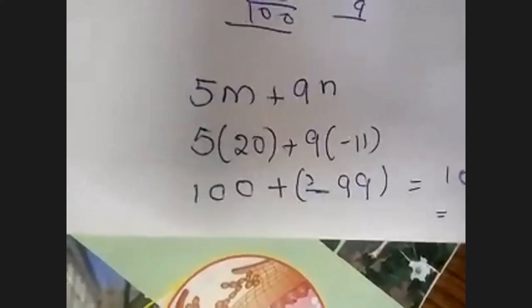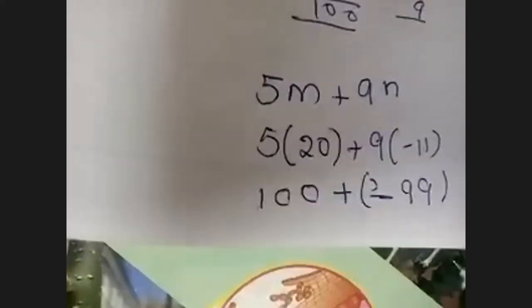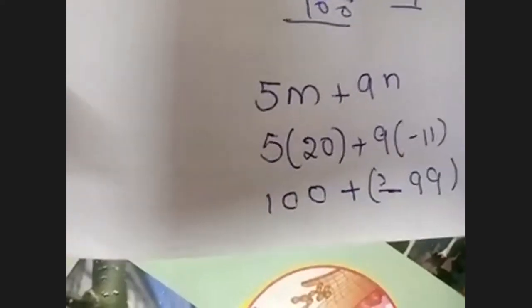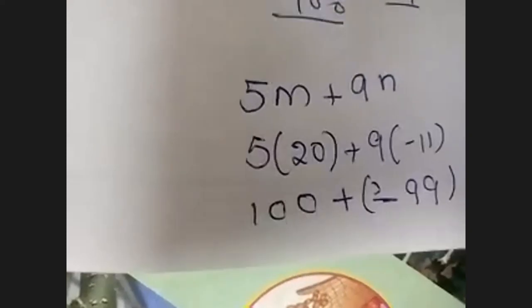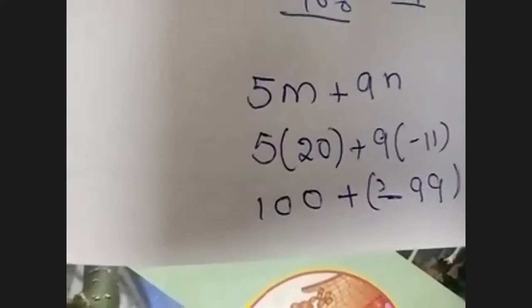And why did you go directly for 20? May I know the reason? Why did you go directly for m equals 20? Because you want to make it 100?